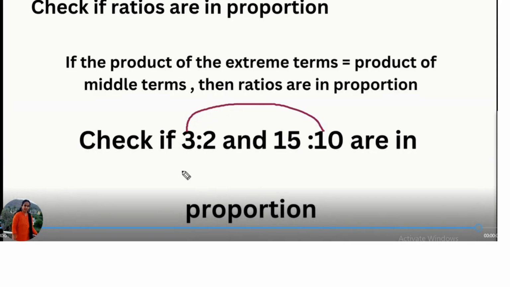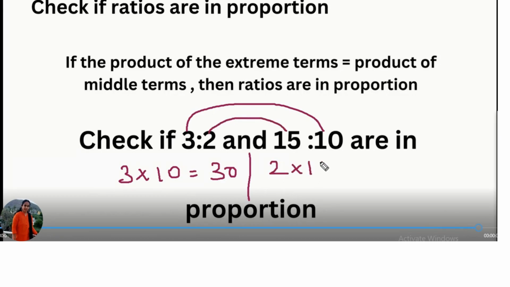Extreme terms are 3 into 10. 3 into 10 is 30, and product of the middle terms, 2 into 15. So 2 into 15 equals 2 fives are 10, balance 1, 2 plus 1, 3, that is 30. So they are in proportion. Okay, children, can you understand?